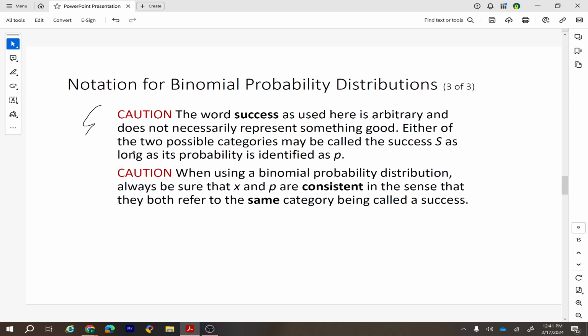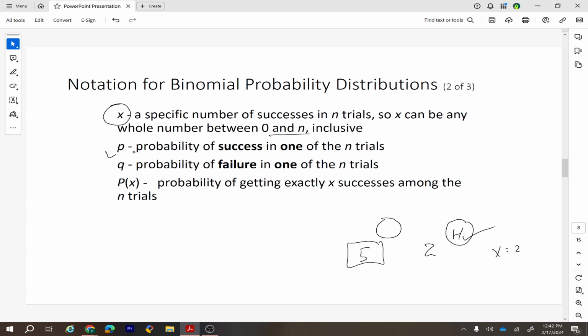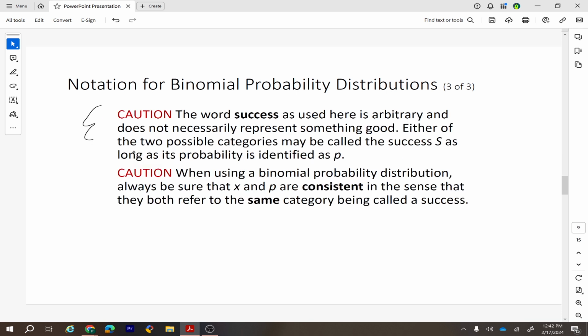Keep in mind, success doesn't mean the same thing for different trials or different results. For example, here getting a head is success, but in the next experiment or next example, it might be getting a tail or something else.